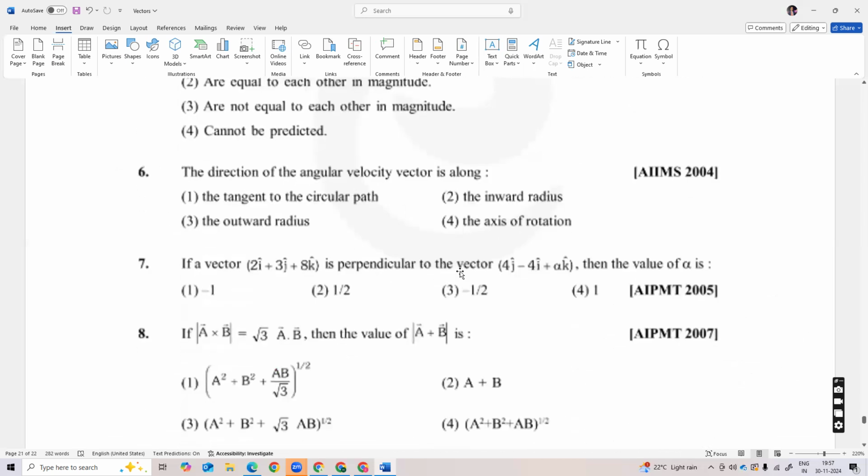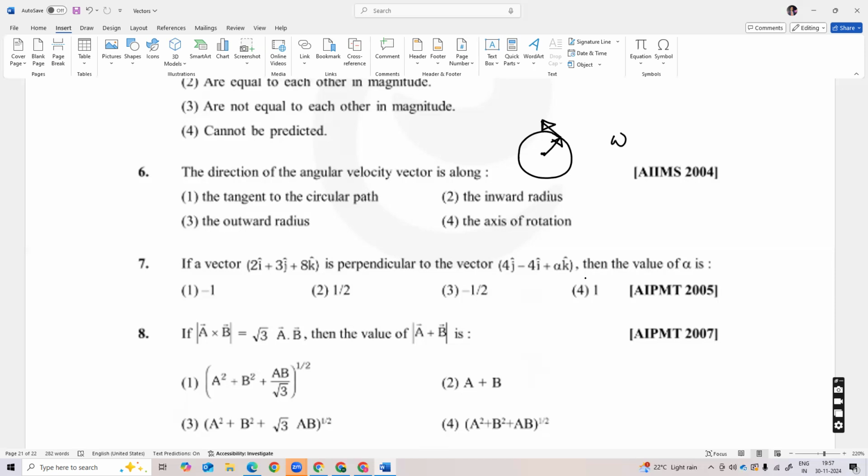Coming to the sixth question, the direction of the angular velocity vector is along. If you consider a circular motion, a circle, at this point let's say the radius vector is in this direction, and the linear velocity is in this direction.